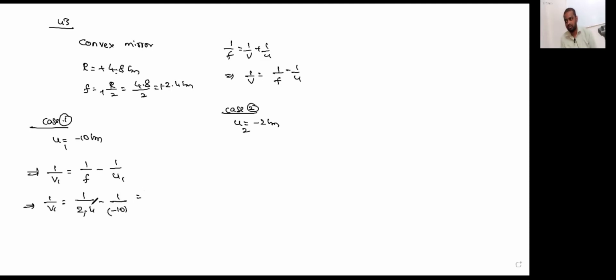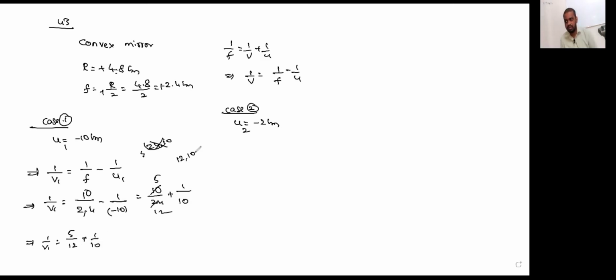Now, after striking out this point, you will get 10/24 plus 1/10. The LCM of 24 and 10 is 60, I think. Then you will have 1/v1 is equal to 5/12 plus 1/10.